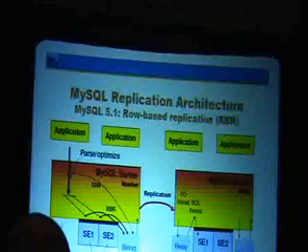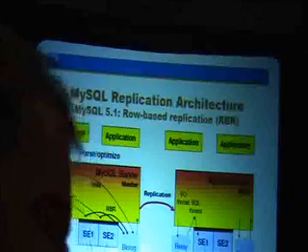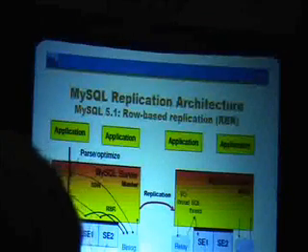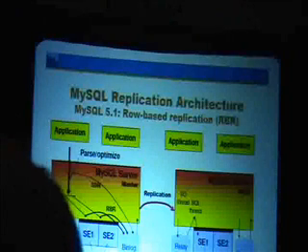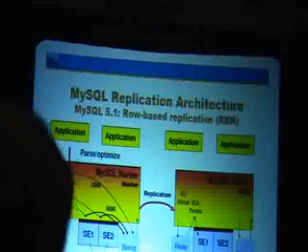So there are three threads involved in the replication. It's the IO thread, the SQL thread on the slave, and there's also a dump thread reading the binlog on the master. How do you check the dump thread? The dump thread is usually very anonymous, so you don't really see it.